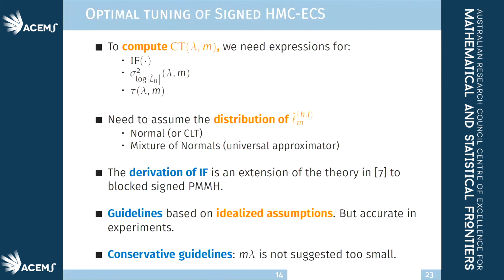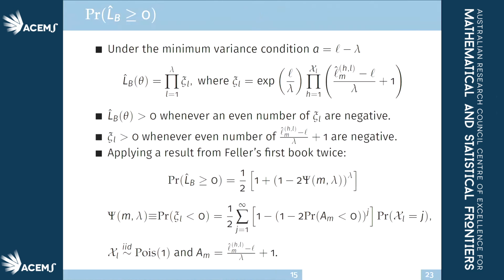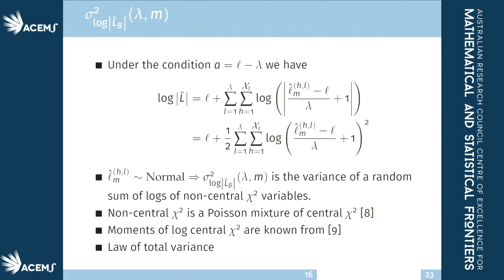So we've got idealized assumptions: either the little L hats are normal, or they're mixtures of normals. And then we can use some results by Feller and others to compute, under idealized assumptions, the optimal m and lambda to give us the smallest amount of computing time.